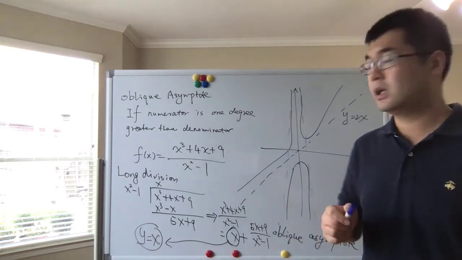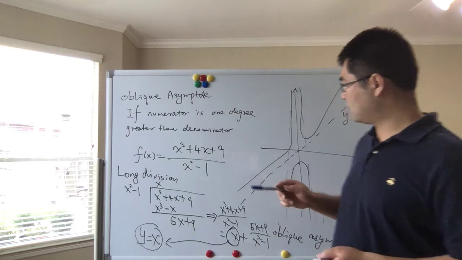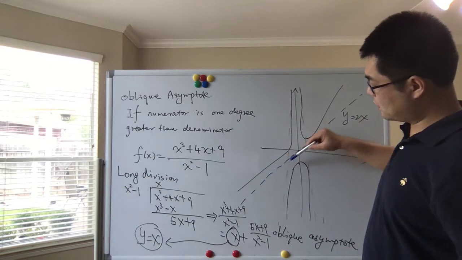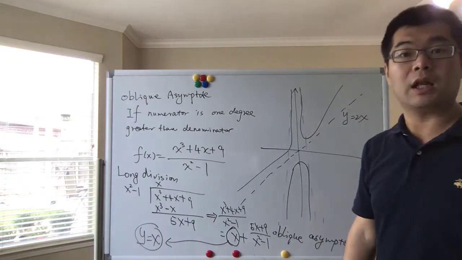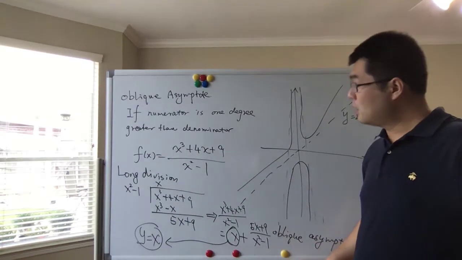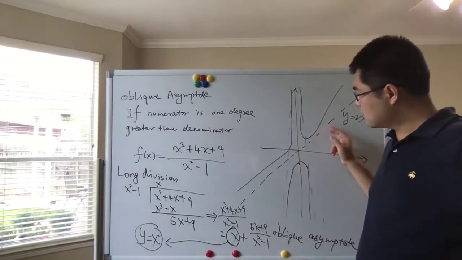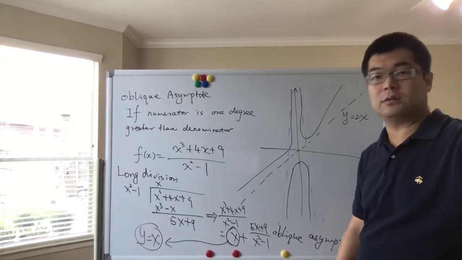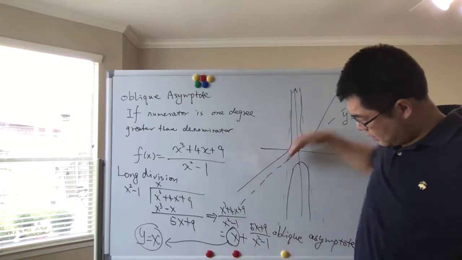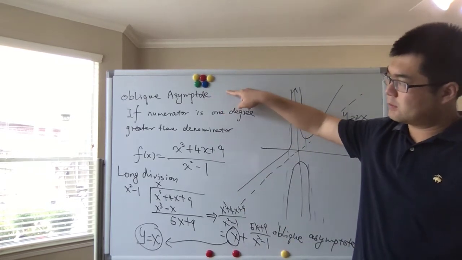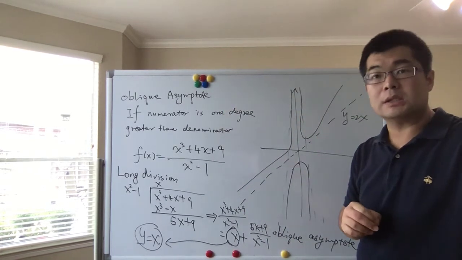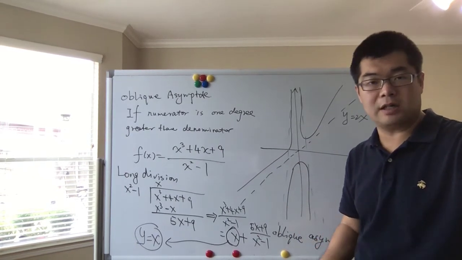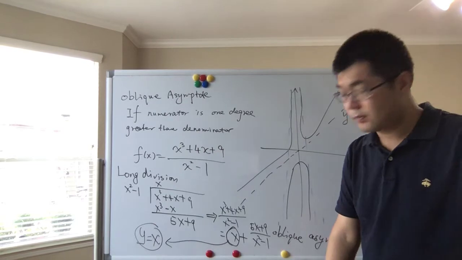Okay, instead, what we have here is this dashed line. It's a straight line, right? But it's not horizontal. This dashed line, non-horizontal, non-vertical, is called the oblique asymptote. It only exists when the numerator is 1 degree greater than the denominator for a rational function.